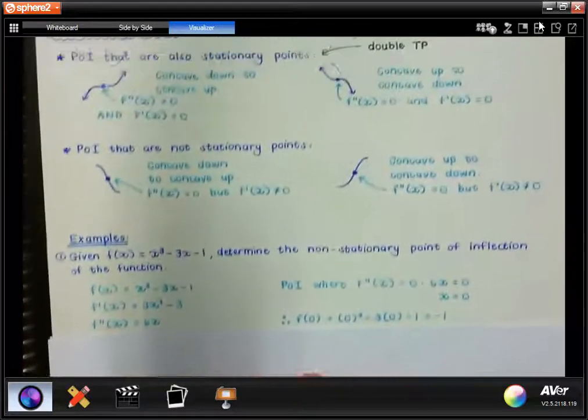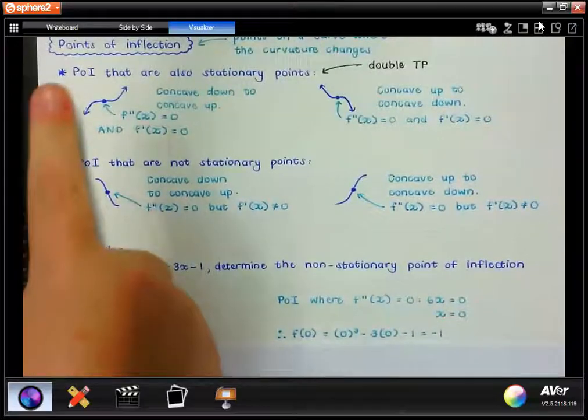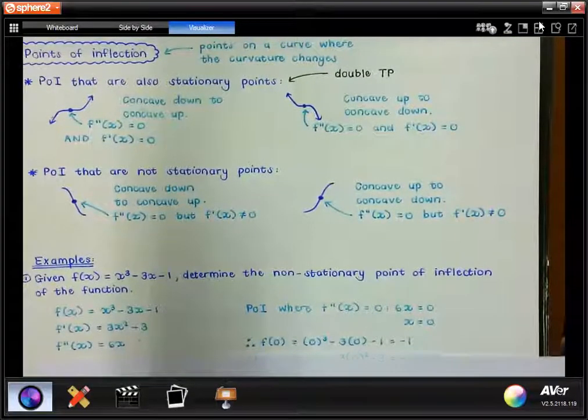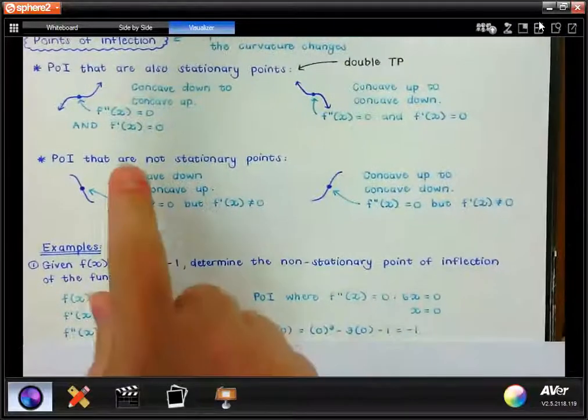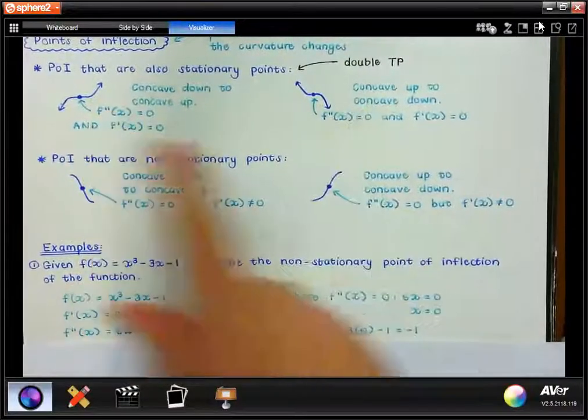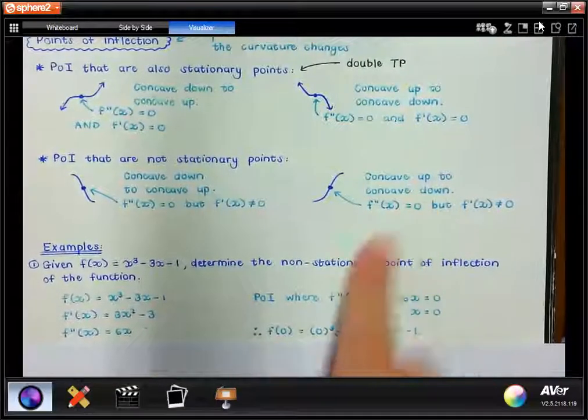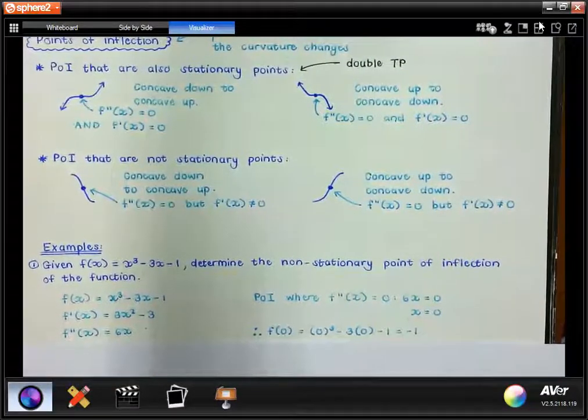Now, this is important, guys. A point of inflection that is also a stationary point. So a stationary point of inflection is one where your second derivative is equal to 0 and your first derivative is equal to 0. A non-stationary point of inflection is where your second derivative is equal to 0, but your first derivative not.